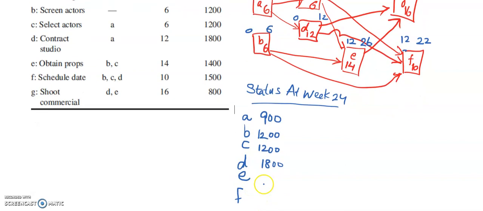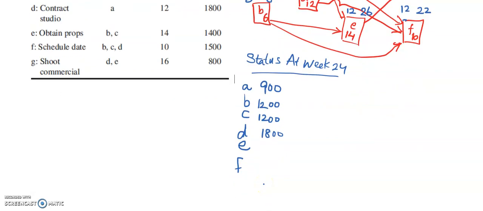The cost of E, 1400, is for 14 weeks. And for 12 weeks, because it is for 12 to 24, this much will be the cost. So the scheduled cost for E is 1200.